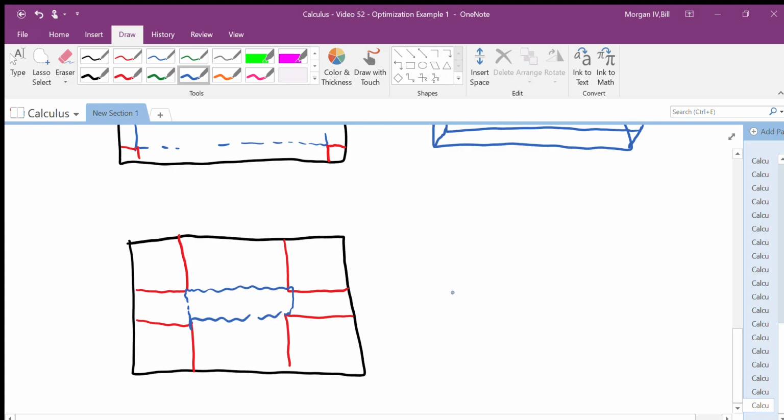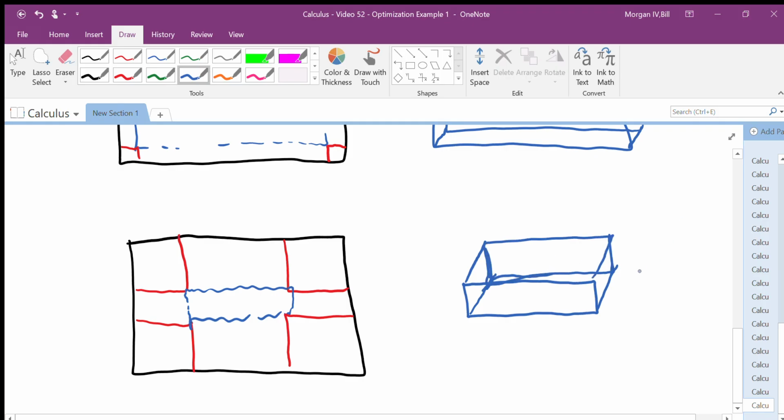So now my base looks like this, a very small base, but my height, that may be too much. It disappeared on me. I'll try that again. Not the best looking box, but you get the picture. You have a very large height there.